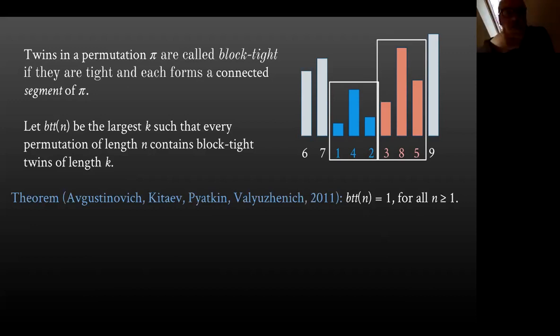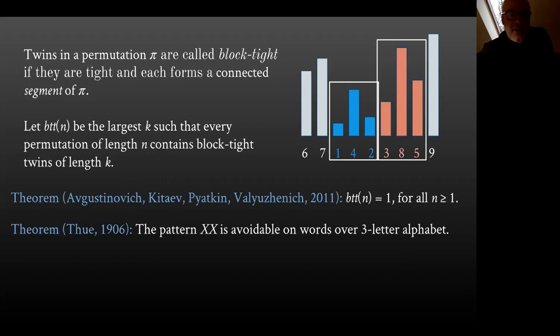Similarly defined function can be considered for such a notion, and here we have a best possible result by these four authors who proved that actually this function is equal to 1, which means that we can construct permutations without squares of length more than 1. Of course, 1 is unavoidable because two elements are similar.